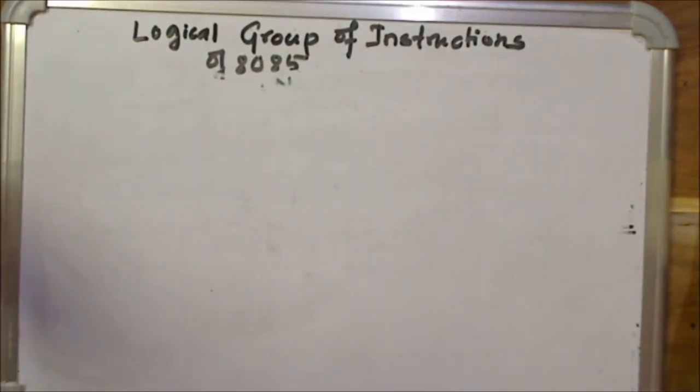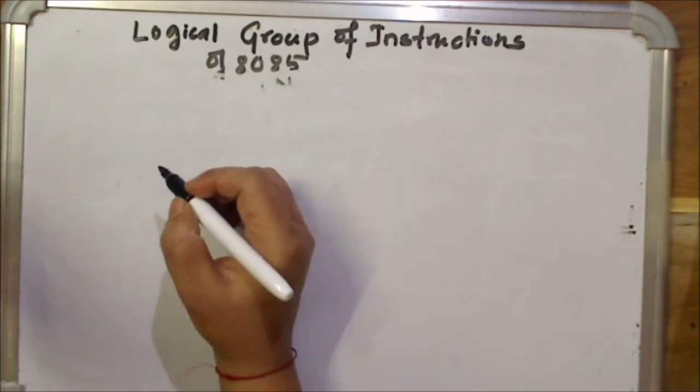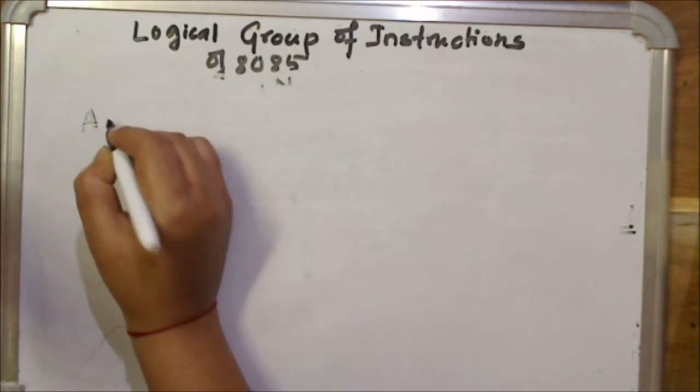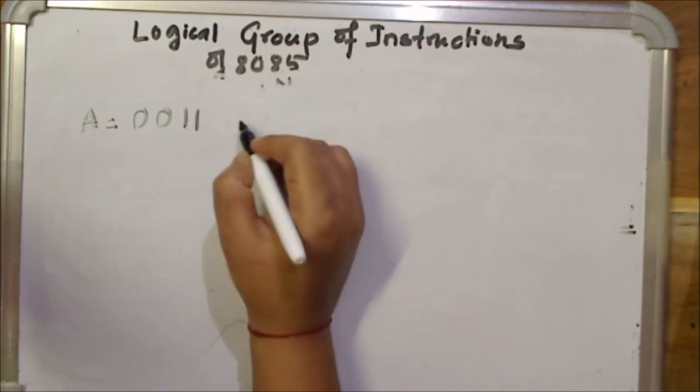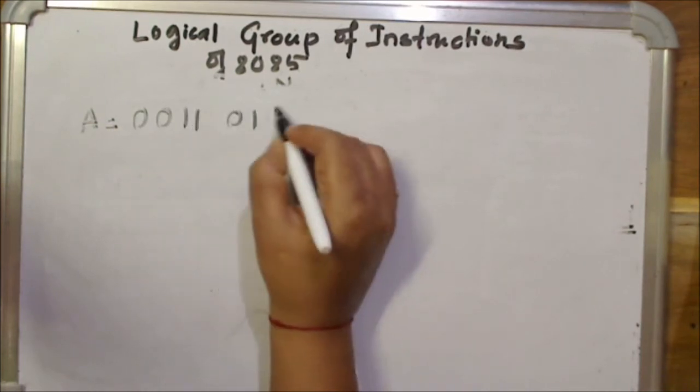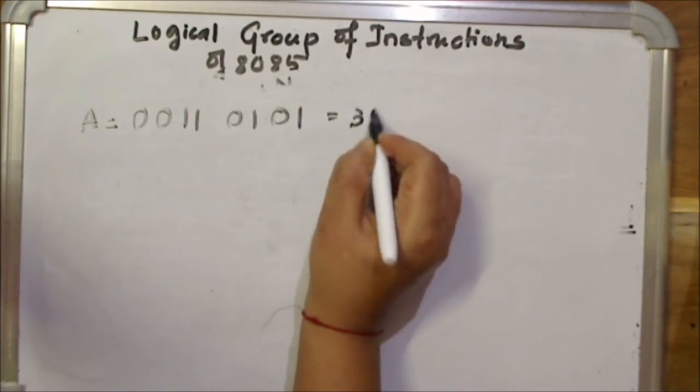So now I am telling you to complement the lower nibble without affecting the higher nibble. Let us take the same example. The accumulator contains 0011 0101, that is 35H.